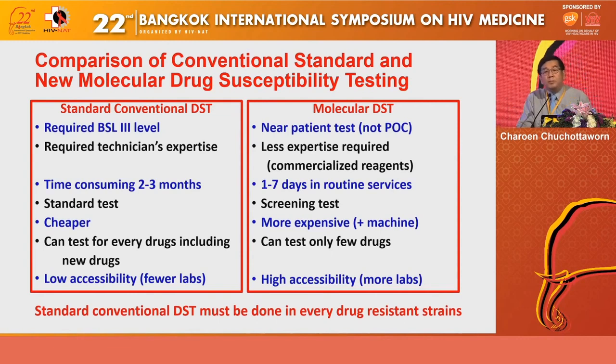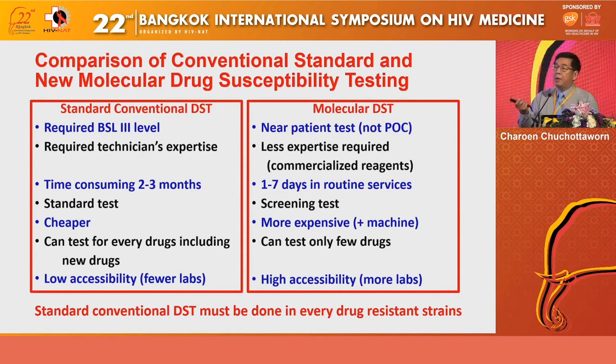Yes, it's cheap because you prepare the media, it's like an in-house test. You prepare everything, so the cost is cheaper than the molecular technique. And also the benefit of this standard test is you can test all drugs that you have in hand, all drugs that you use to treat the patient.